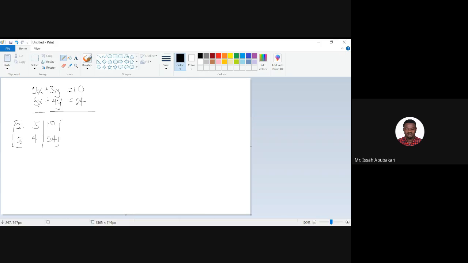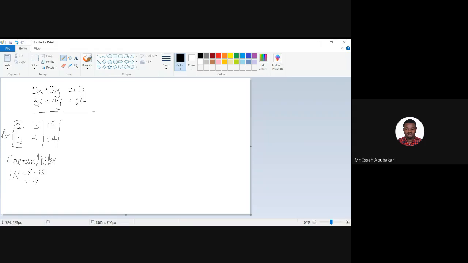Now the general determinant: we label this matrix B. The determinant of B is equal to 2 times 4, which is 8, minus 3 times 5, which is 15. So our determinant of B is equal to minus 7.